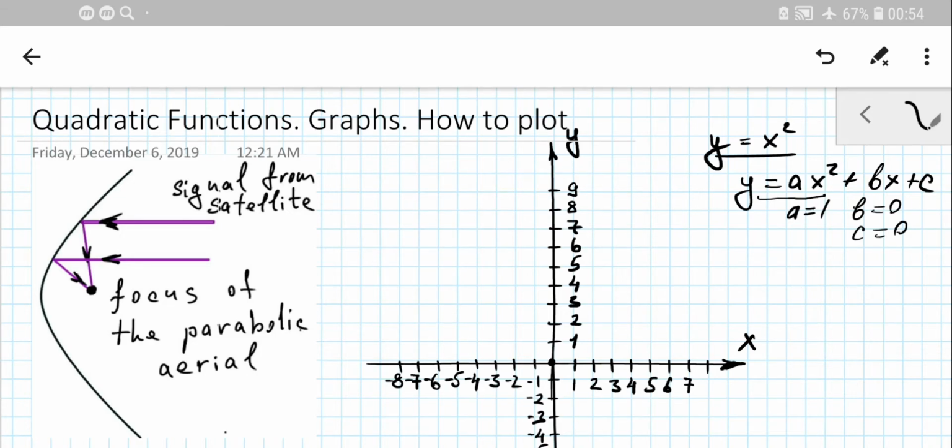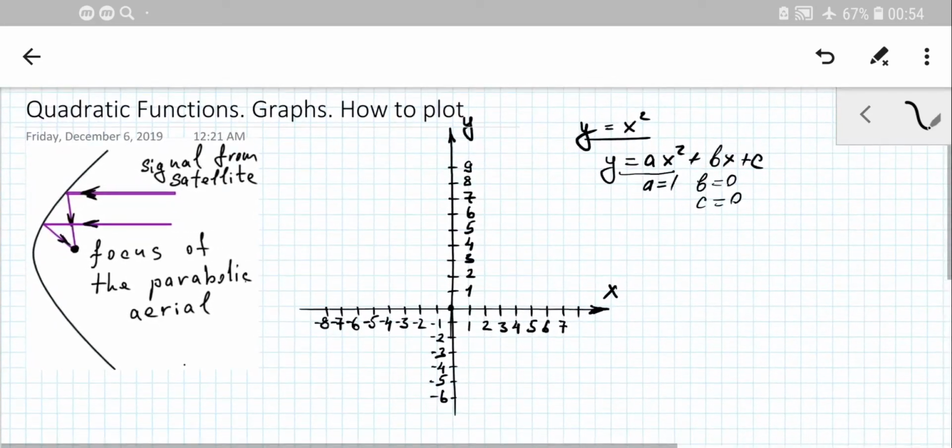When they threw objects, they called this track a parabolic curve. Nowadays, you can see parabolic mirrors and parabolic antennae, like aerials, made in the form of a parabola.